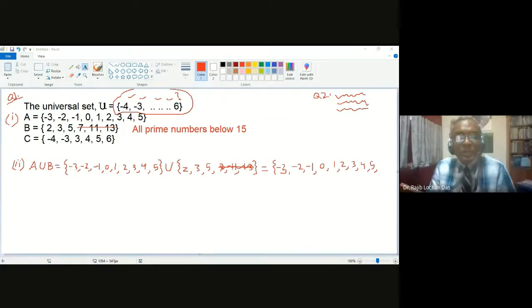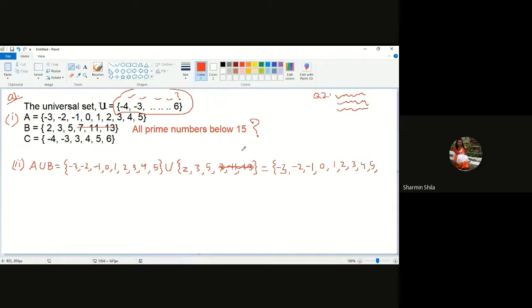In the question for the set B, I have written prime numbers below 15. So does the question have to be corrected according to the universal set, or is the question okay? What do you think? So I think the question is okay.